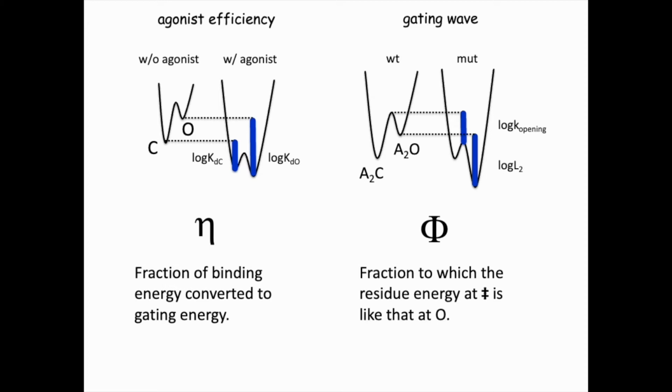The change in the transition state is proportional to the log of the opening rate constant, and the change in the open state is proportional to the log of the gating equilibrium constant, L2 with two ligands. In words, phi is the fraction to which the residue energy at the transition state is like that at O.